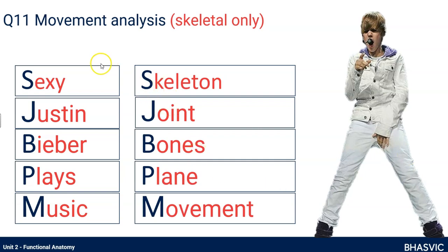You're going to remember Sexy Justin Bieber plays music because it will link to the fact that you've got to analyse the skeleton, axial, appendicular, joints, classification, types of synovial if it's a synovial joint, what bones articulate, what types of bone they are, and what plane the movement is happening in. These go hand in hand, plane and movement.